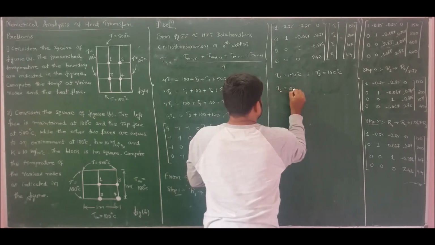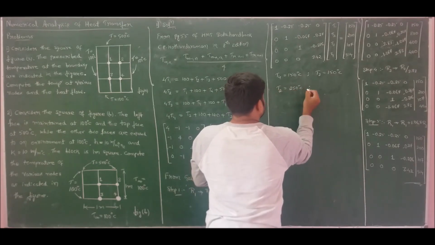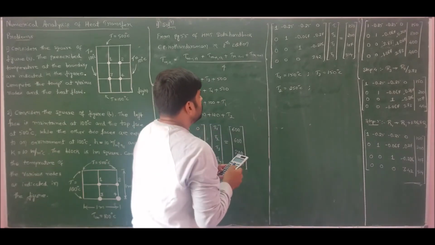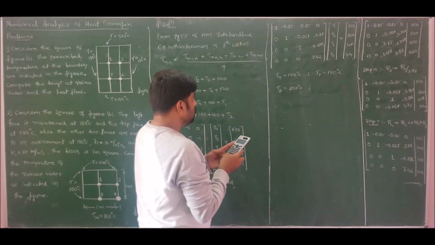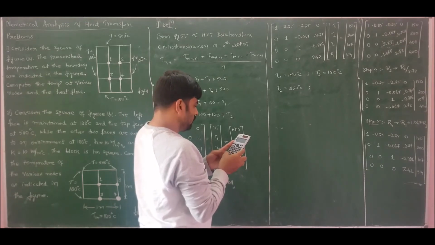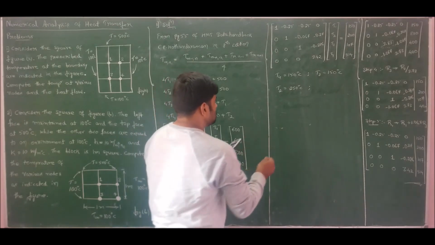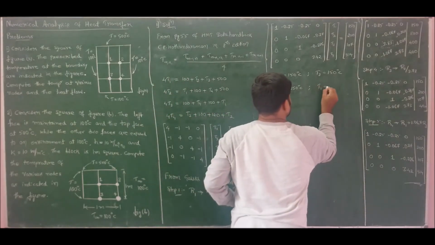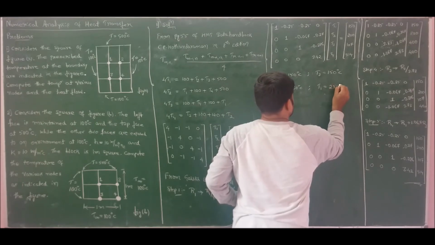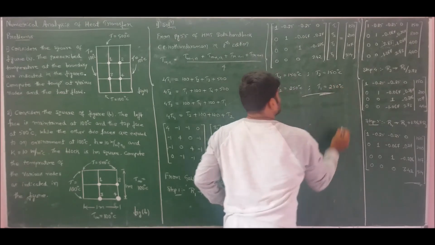T2 is 250 degrees Celsius. And finally T1 from equation 1 will be 150 plus 0.25 into 250 plus 0.25 into 150, which is 250. T1 is also equal to 250 degrees Celsius.